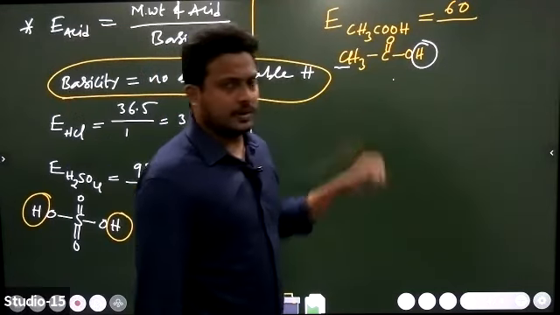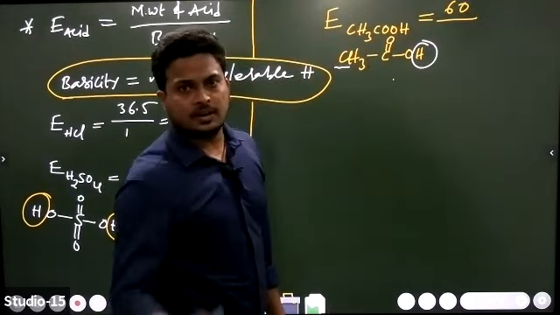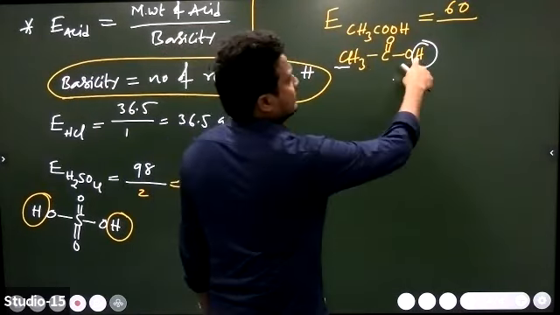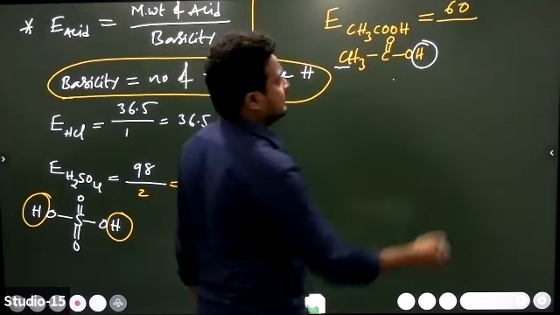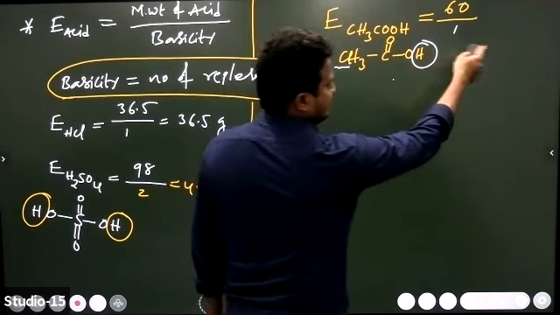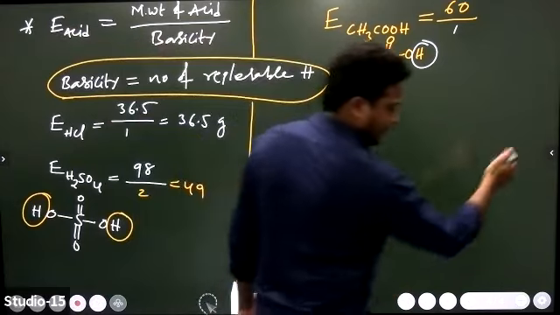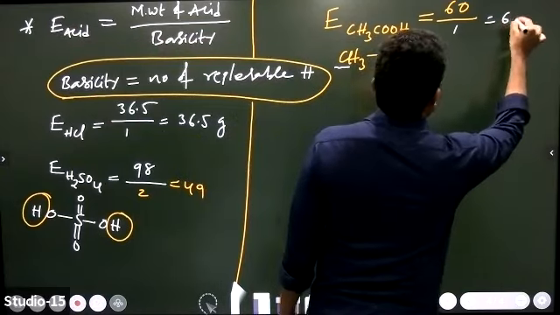Obviously, oxygen is the more electronegative. So hydrogens attached to oxygen are only replaceable. So here only one hydrogen is replaceable. That is, the equivalent weight of acetic acid is 60 by 1, which is equal to 60.